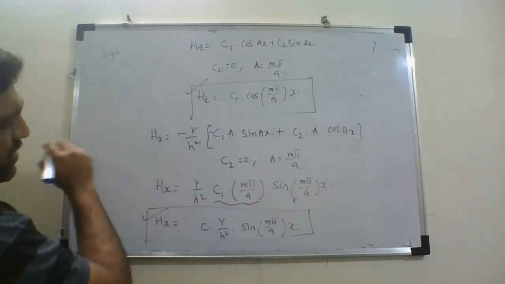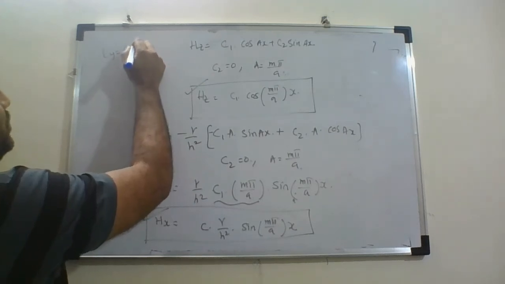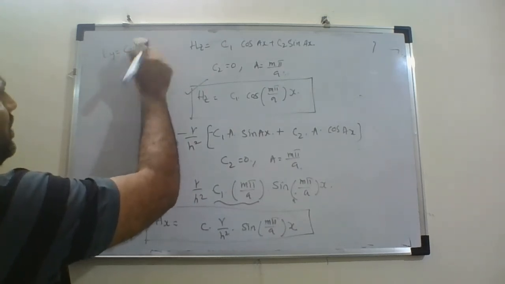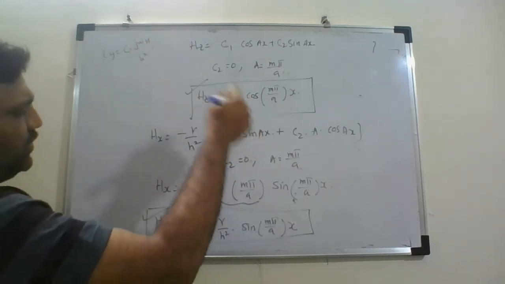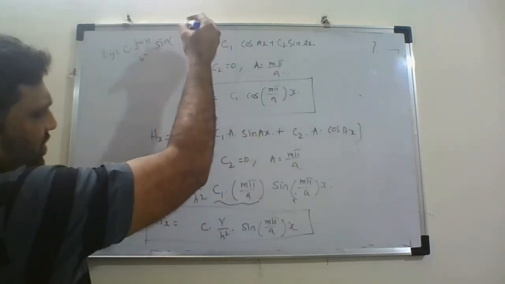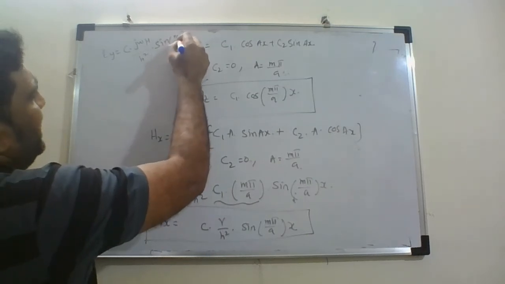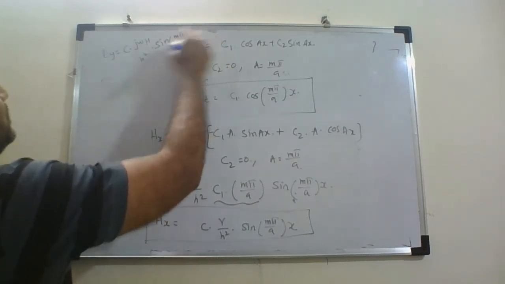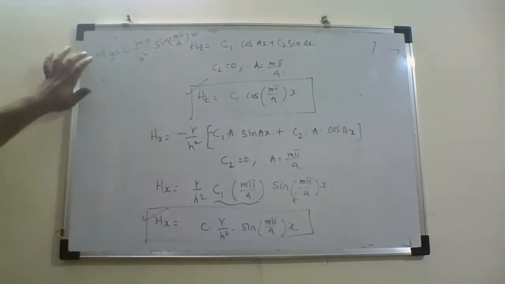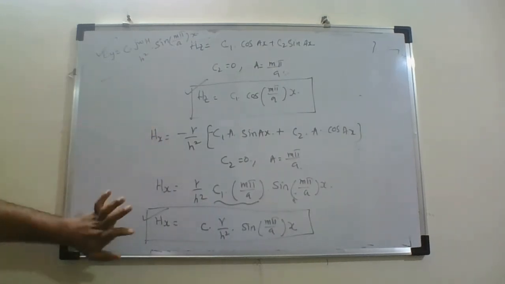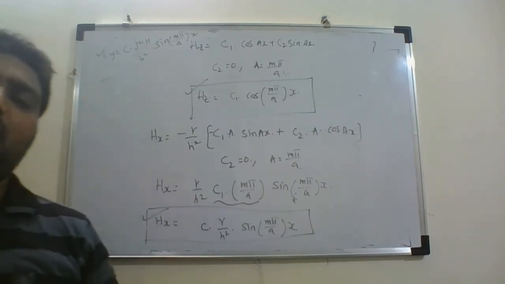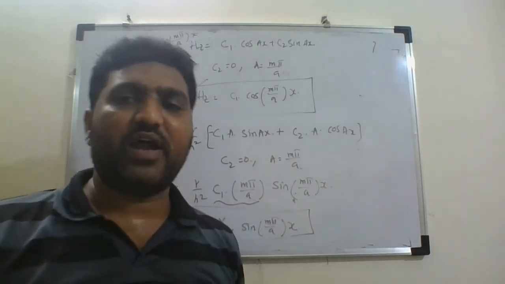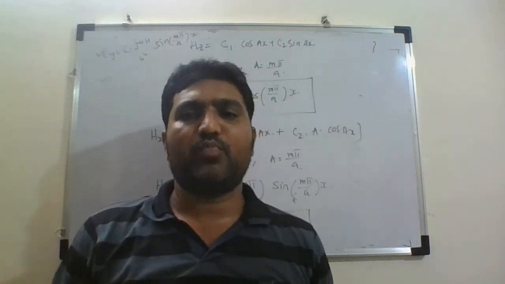Ey is equal to, just now we derived, C into j omega mu by h square into sine m pi by a into x. So this is the expression for Ey, this is the expression for Hz, and this is the expression for Hx. These are the field components that exist in the parallel plane waveguide for a TE mode propagation.